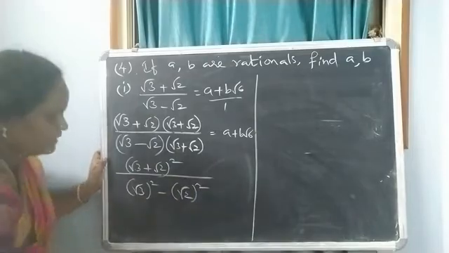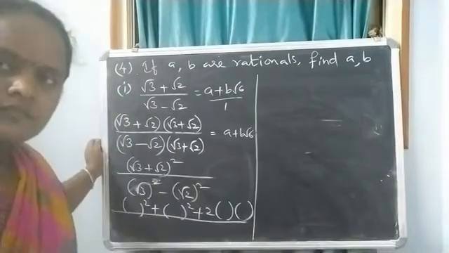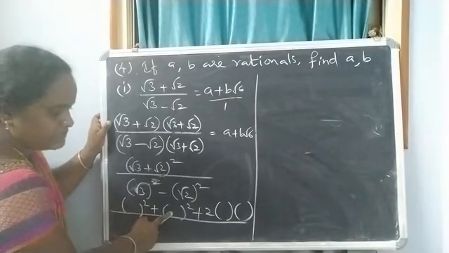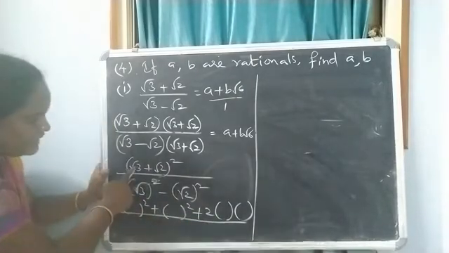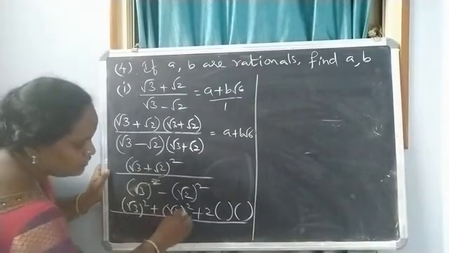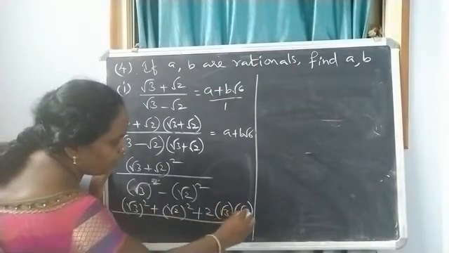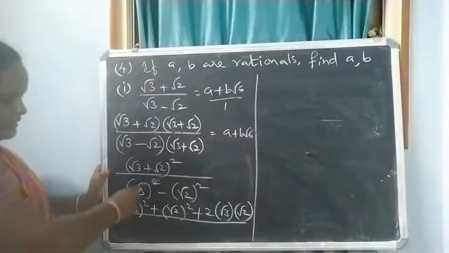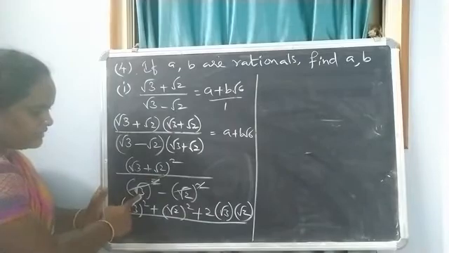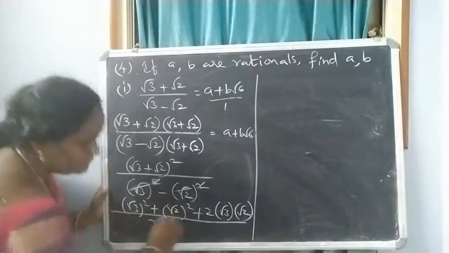In the numerator, a plus b whole square can be written as a square plus b square plus 2ab. A square: root 3 whole square, b square: root 2 whole square, 2ab: root 3 into root 2. In the denominator, square and square root cancel. So what is left is 3 minus 2, that is 1.